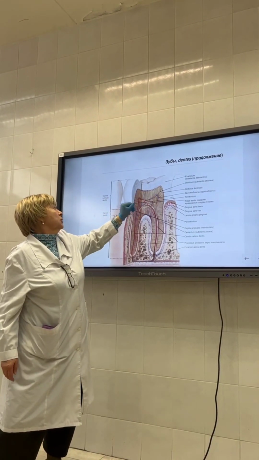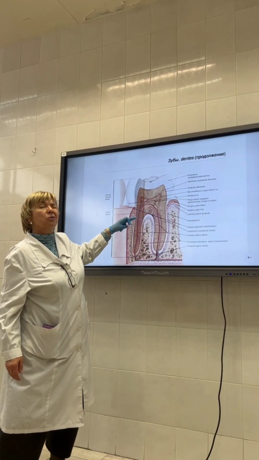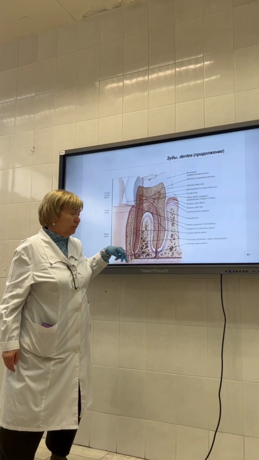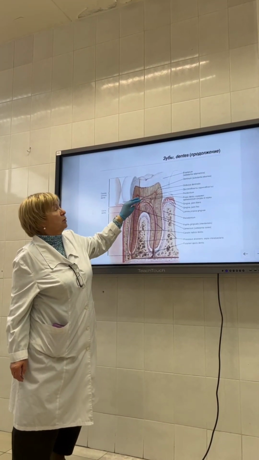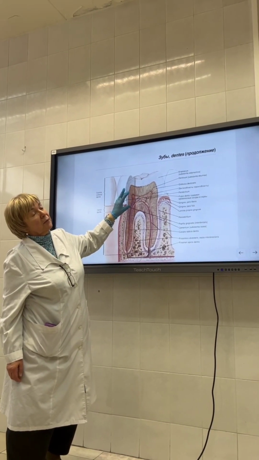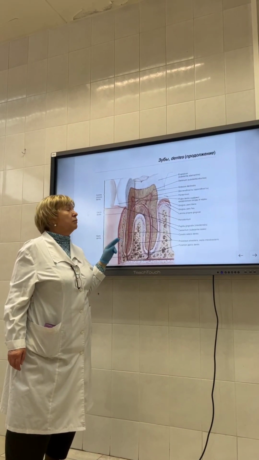So hard tissue: this light brown in color is dentine. It contains numerous small channels which connect the cavity with the external surface.